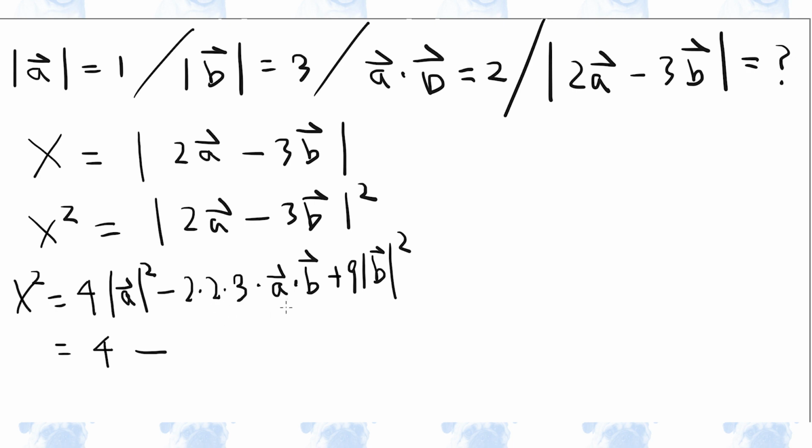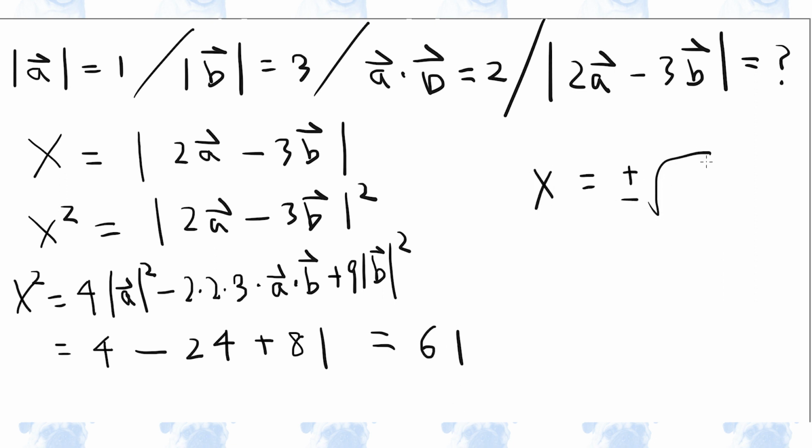So this is equal to minus 24, plus the magnitude of vector b is 3, so 9 times 9 is 81, which gives 61. So x is plus or minus root 61. But because x is the magnitude of a vector, x cannot be negative. So the answer is plus root 61.